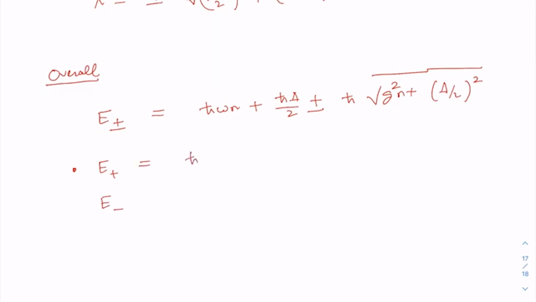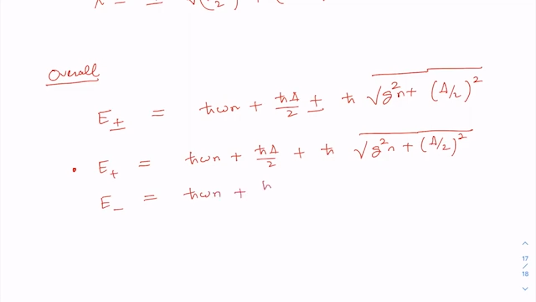E plus refers to ħωn plus ħΔ/2 plus ħ square root of g square n plus (Δ/2) whole square, and E minus is ħωn plus ħΔ/2 minus ħ square root of g square n plus (Δ/2) whole square, right?